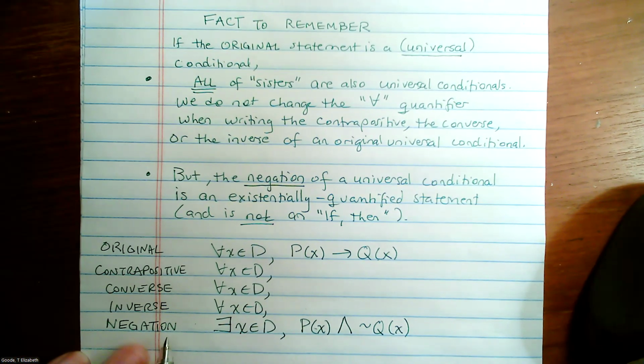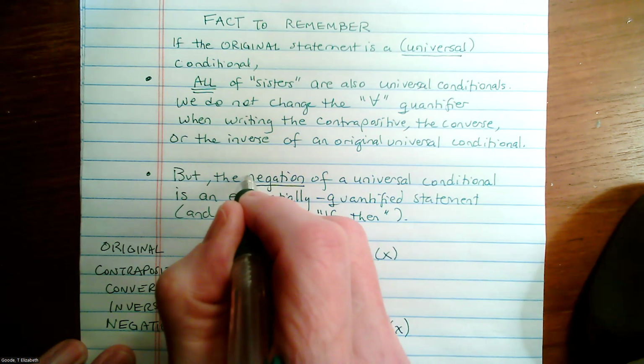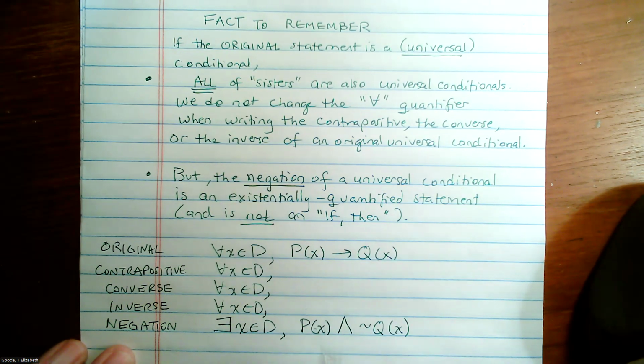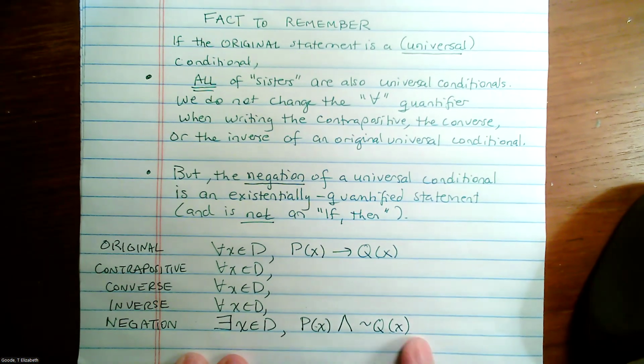See, that's one of the ways that I try to attack this issue, that a lot of students are going to give me an if-then statement as the negation of a universal conditional. But it's never an if-then statement, because if it was, it couldn't be existential, because every if-then statement is universal. See what I mean? So this is just a way to help you remember the negation has to have the opposite quantifier.